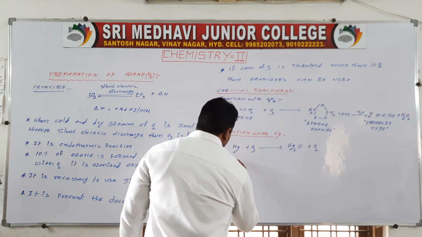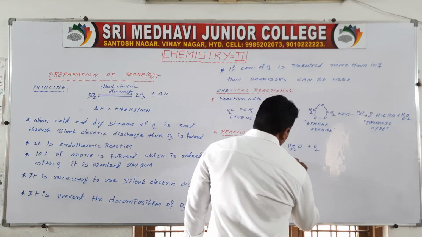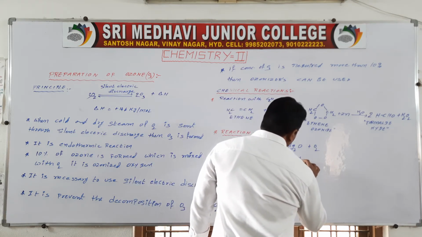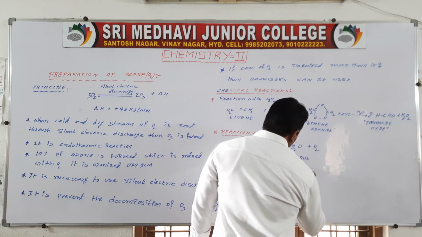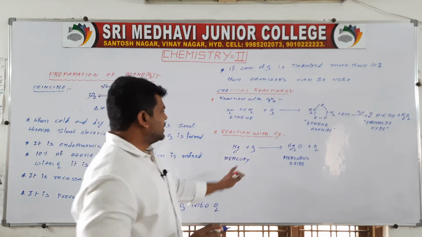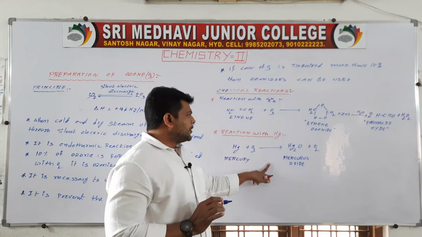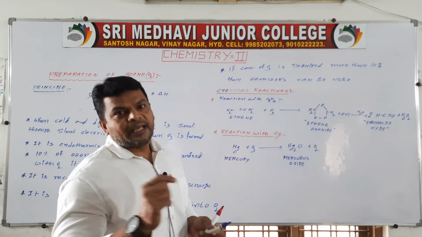It is mercury, it is mercurous oxide. Mercurous oxide. So 3 oxygens, 2 plus 1. See here, you have to know the tailing of mercury.